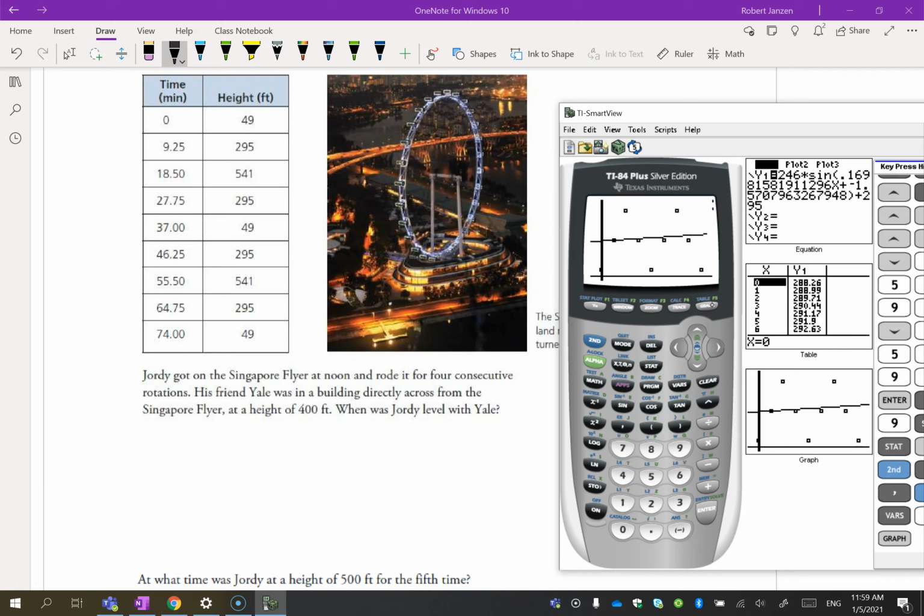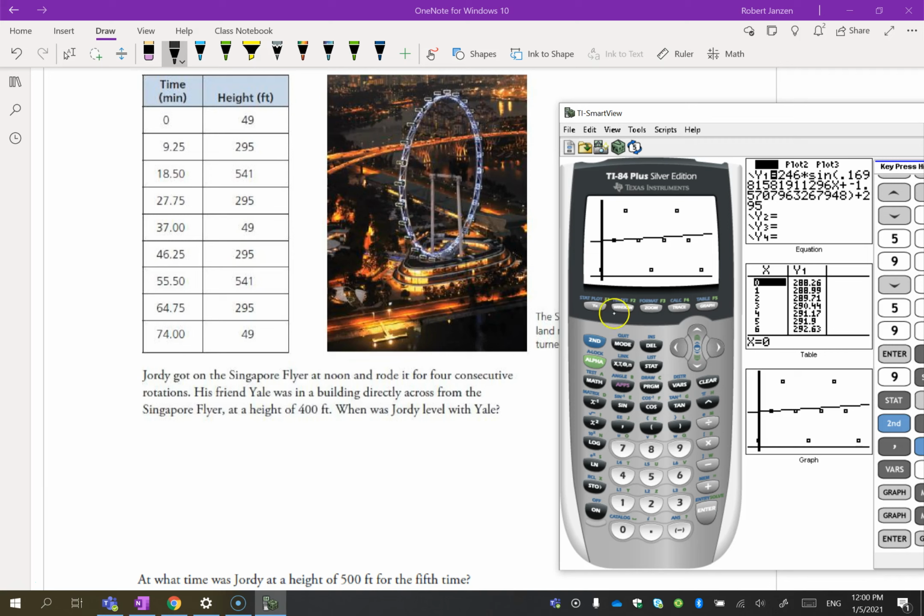Why is it doing that? Why do you think it's doing that? Why is it giving us a strange looking graph like that? Well, here's why. Remember in an example a little while ago, we had that issue with the degrees and radians not matching up? Your calculator defaults to the radian when it writes the equation.